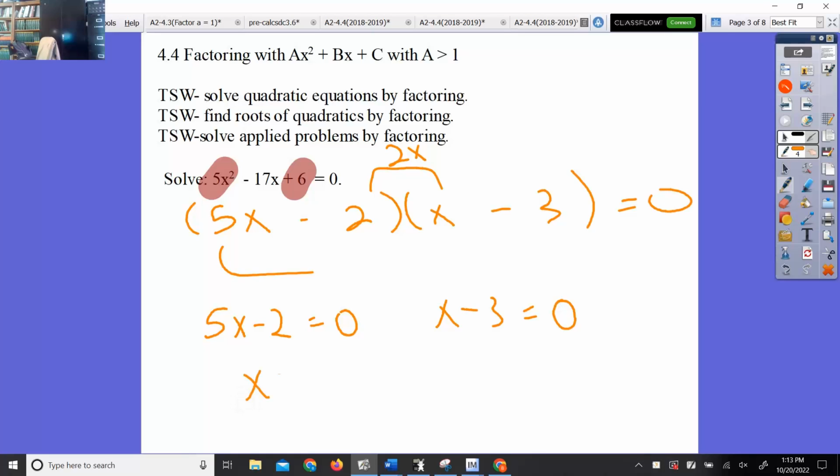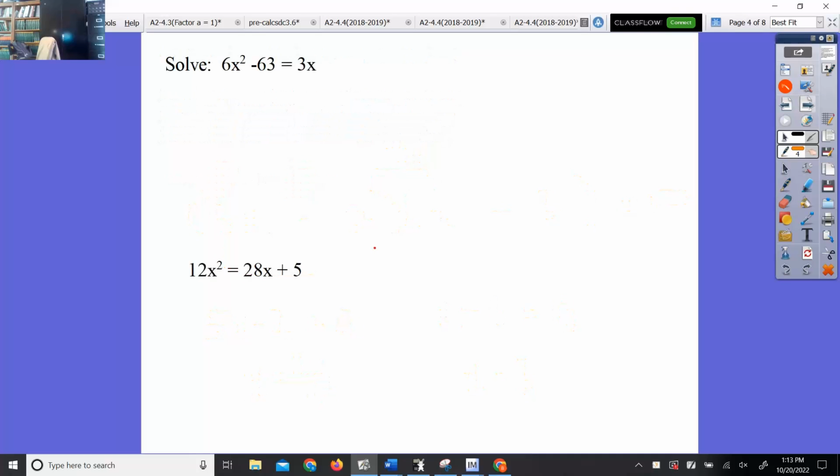Tom, if x minus 3 is 0, what's x? 3. Does anyone need me to explain the whole 5x minus 2? Because I know that's a problem for some. All right, moving on.